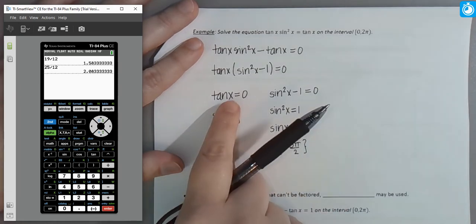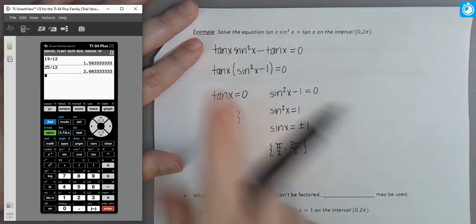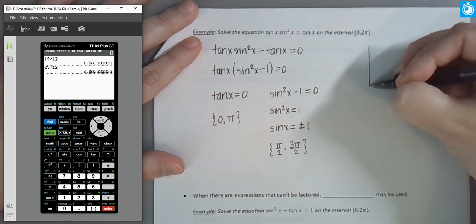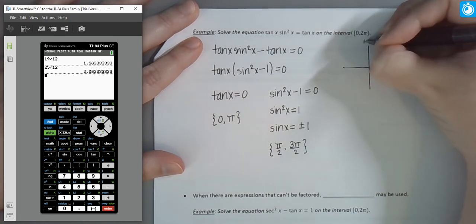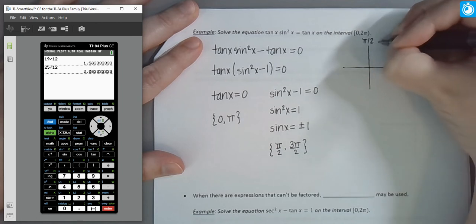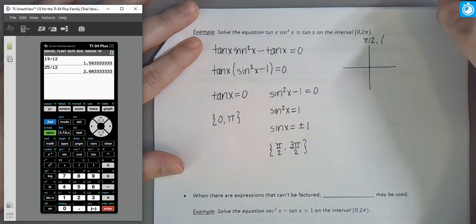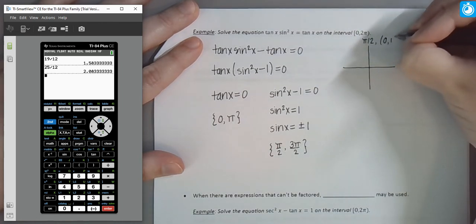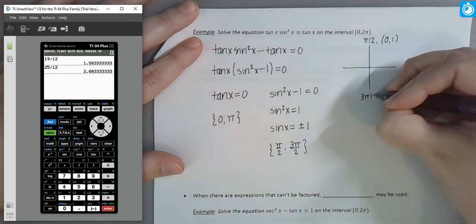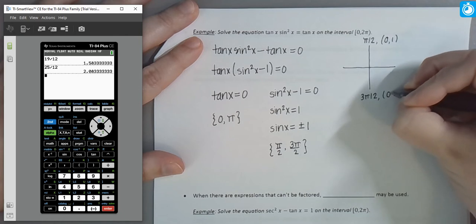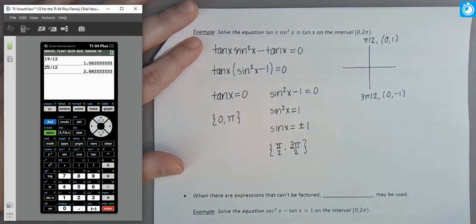Well, what happens if you plug in tangent of pi over 2? So it may help to visualize this in terms of what this looks like. So here's pi over 2. And there at pi over 2, we know the ordered pair is going to be 0, 1. And then here at 3 pi over 2, the ordered pair is going to be 0, negative 1.